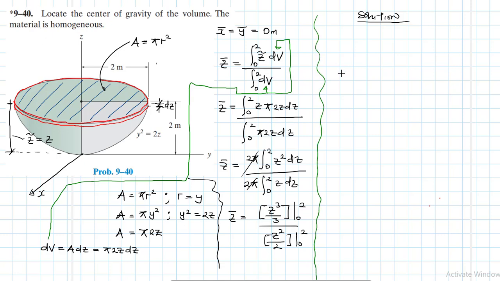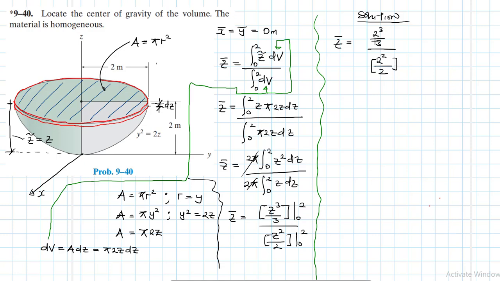Once we've done so, we plug in all the values. We are going to have 2 to the power 3 divided by 3, of course the other part gives us 0, over 2 to the power 2 divided by 2.